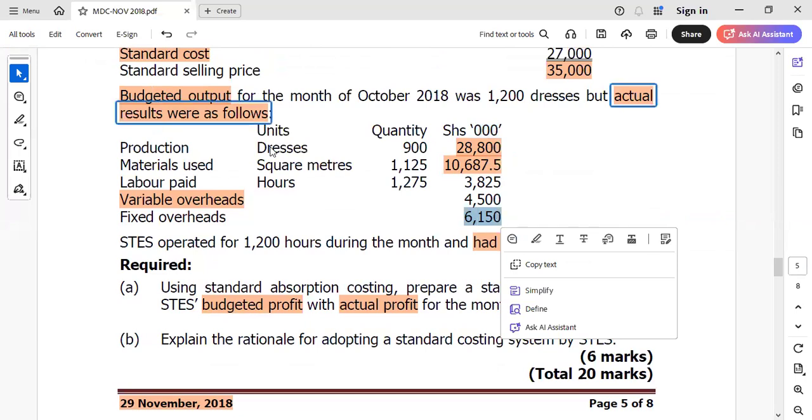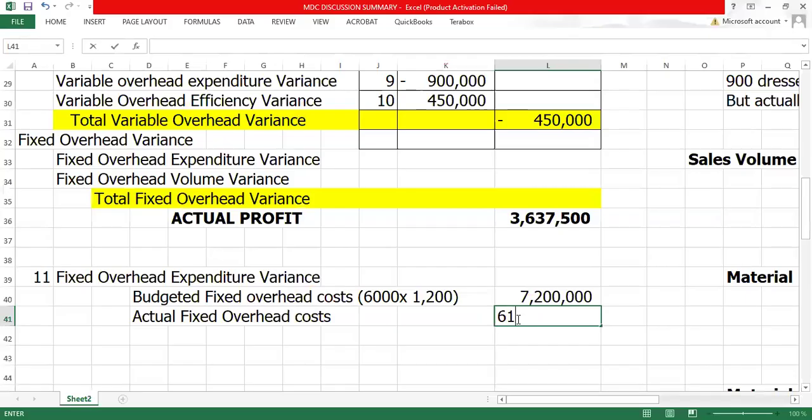Adverse or favorable variance? This is favorable. The company incurred less compared to what they had budgeted. So you report it because this is already in amount.